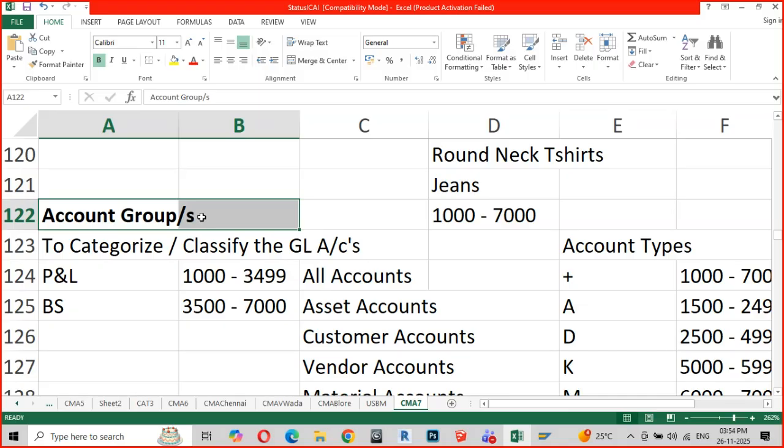Is it a P&L account? Is it a balance sheet account? Or if you want to classify elaborately, is it a fixed asset account? Is it a current asset account? Is it a customer account? Is it a vendor account? Is it a material related account? So it all depends on the business requirement, on how exactly the business wants the consultant to categorize the general ledger accounts.